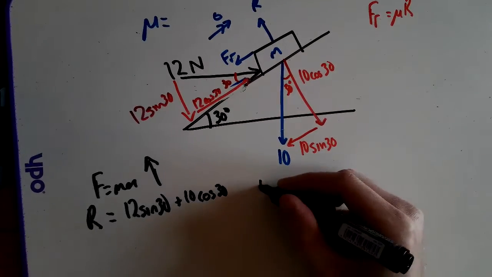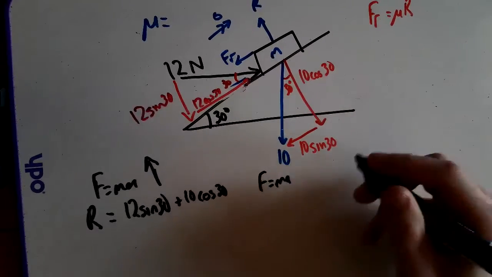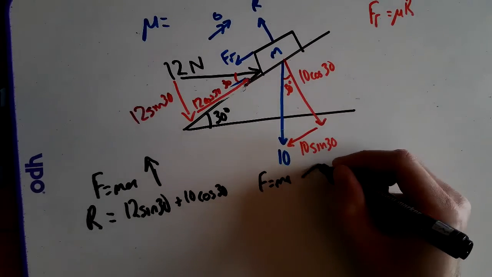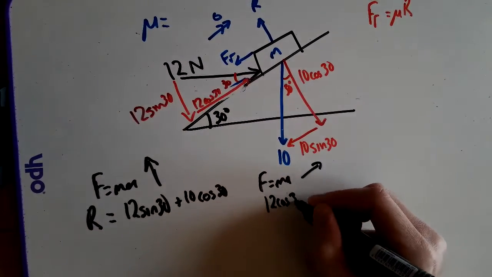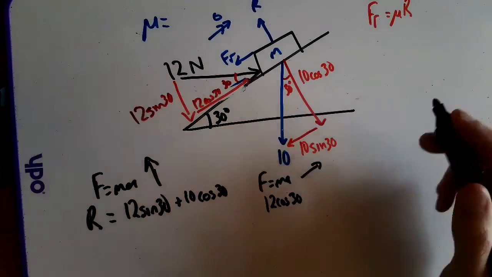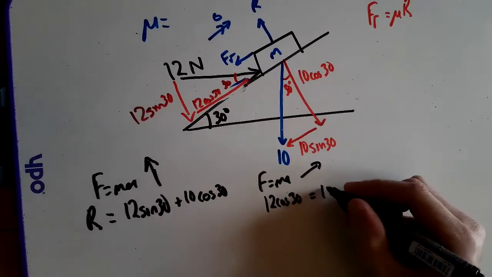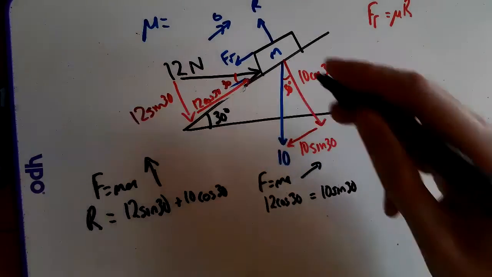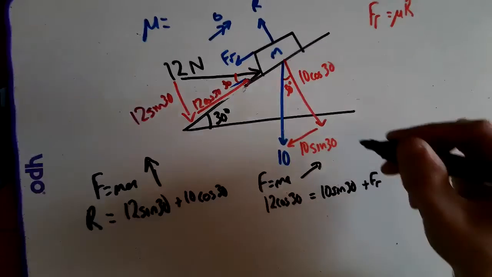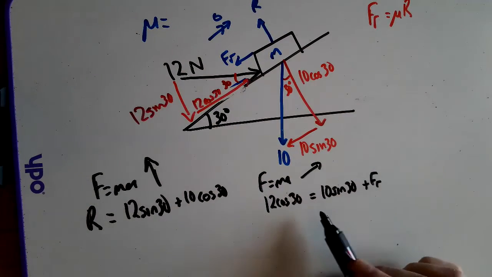If I do F equals ma going up the plane, I have 12 cos 30, that's going up, equals, well, I've got 10 sine 30, because that's going down, plus friction, because that's going down as well.